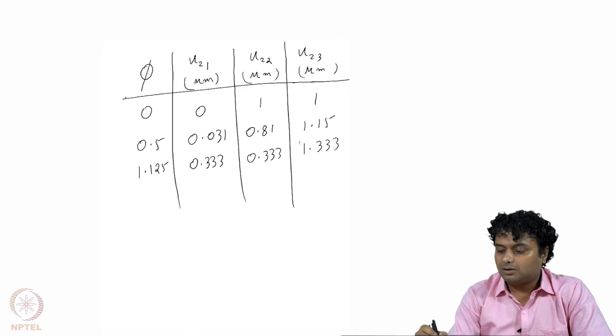So here the third root is definitely not possible, but the first two roots are possible, and this is the case where uz is equal to gap by 3, because the gap is 1 micron, right?